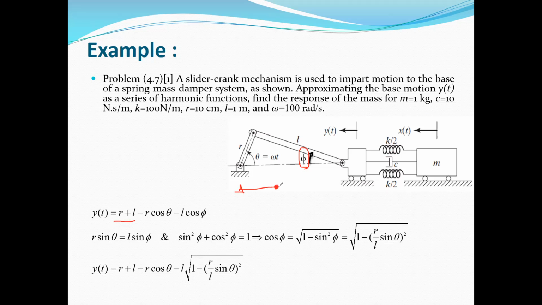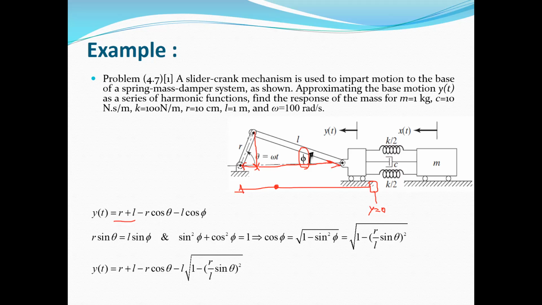This is the pin connection, and this is the initial position for y. It means that at this condition y is equal to 0. Now if we want to measure y, it's equal to R plus L minus R cosine theta, where R cosine theta is this length, and minus L cosine phi, where L cosine phi is this length.